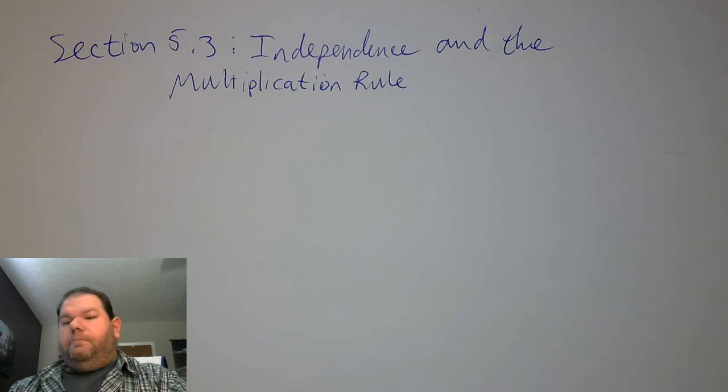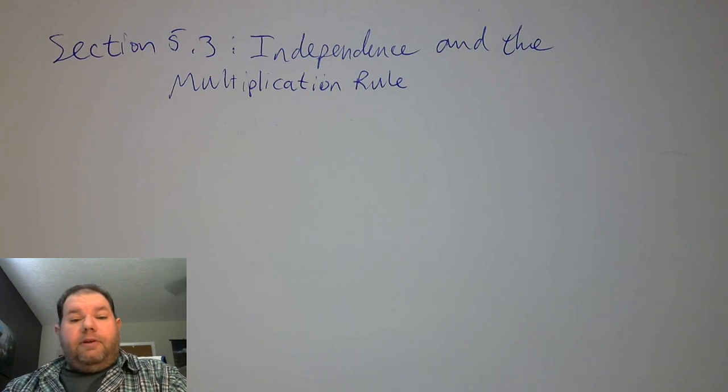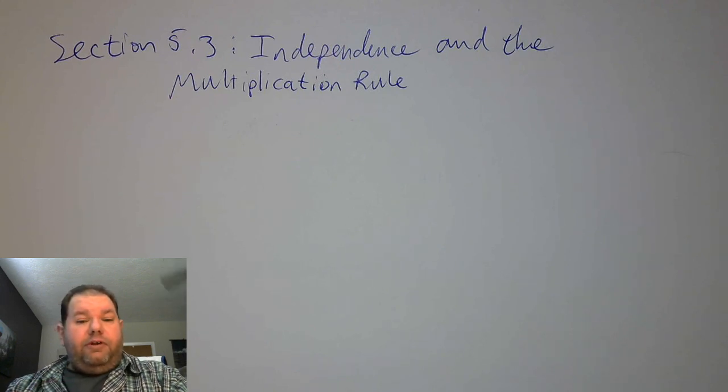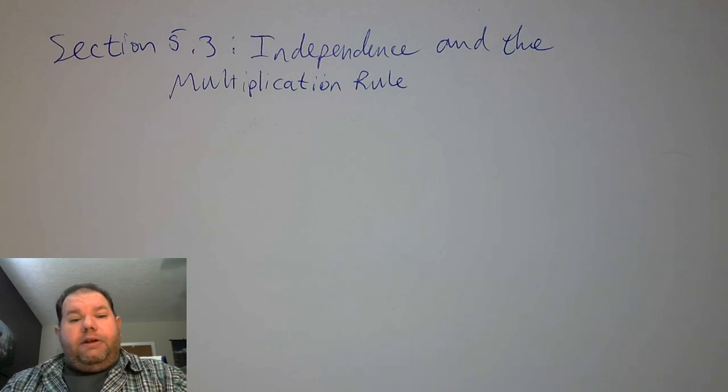Alright. So we're talking about independence of events, and we're also talking about the multiplication rule we covered through section 3 and section 4. So we covered the addition rule in section 2 last time, and so this time we'll look at the multiplication rule.